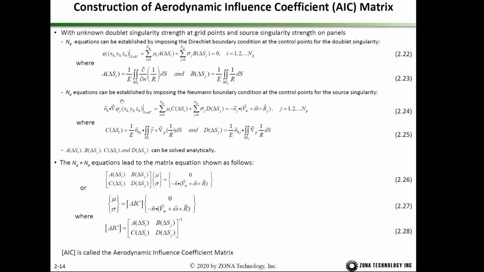Then we can establish Np equations by imposing the Neumann boundary condition at the control point for the source singularity.